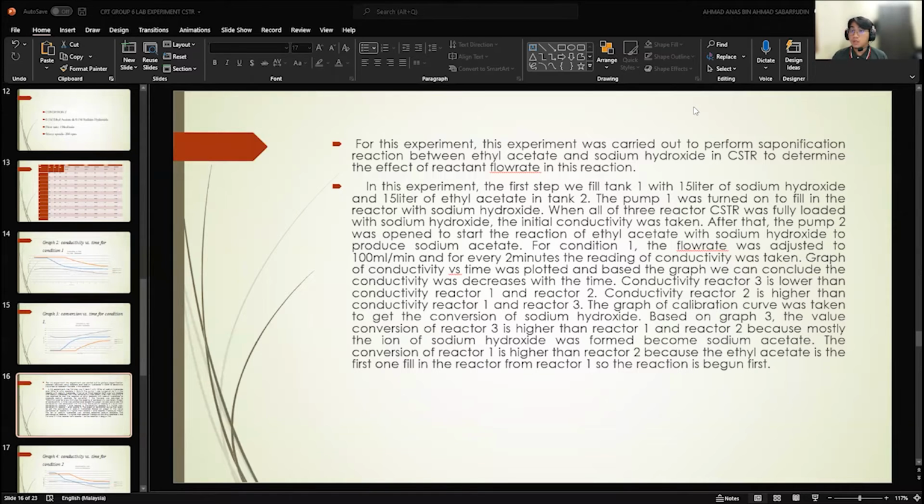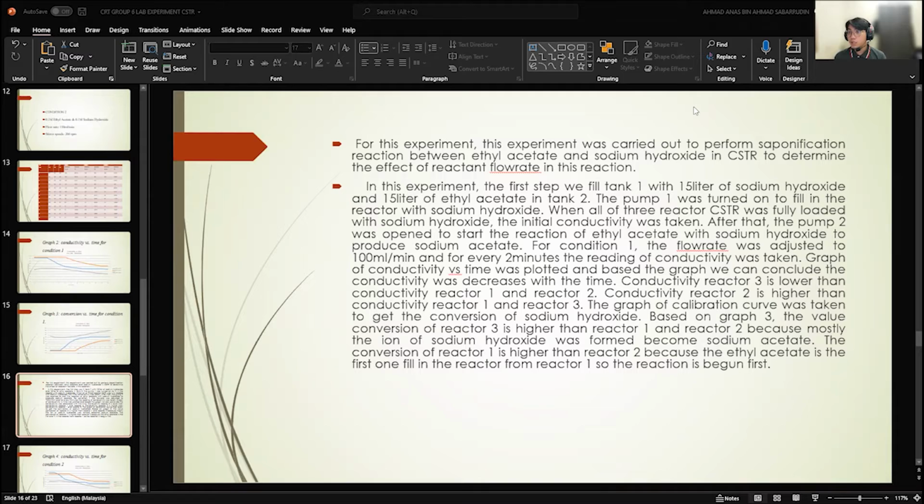The experiment was carried out to perform the saponification reaction between ethyl acetate and sodium hydroxide in the CSTR to determine the effect of reactant flow rate on this reaction. In the first step, we filled tank 1 with 15 liters of sodium hydroxide and tank 2 with 15 liters of ethyl acetate. Pump 1 was turned on to fill the reactors with sodium hydroxide first.